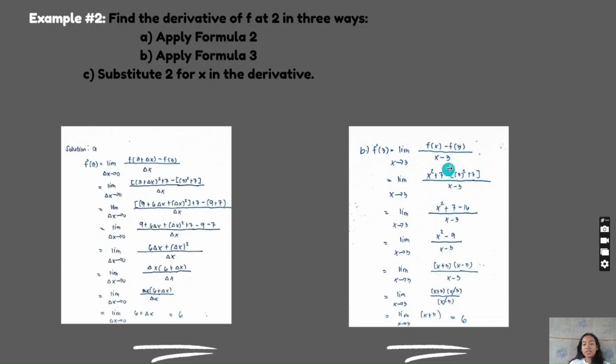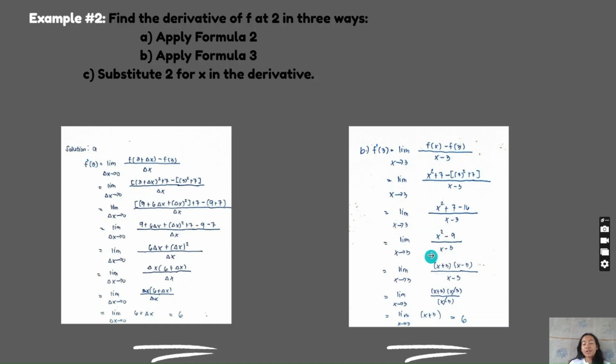And then focusing on this here, x squared plus 7 minus 16, it's because 3 squared plus 7, that is 16. And with a minus sign here, of course it becomes negative 16. So x squared plus 7 minus 16 all over x minus 3. And then using the operation 7 minus 16, that is negative 9.